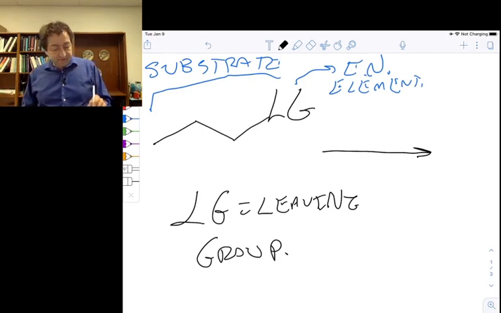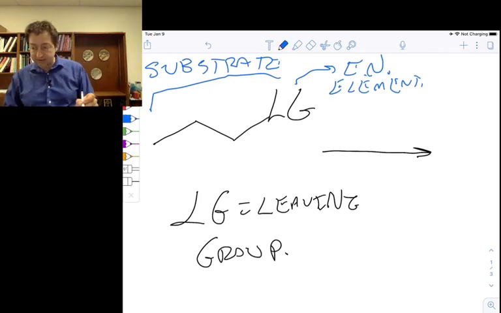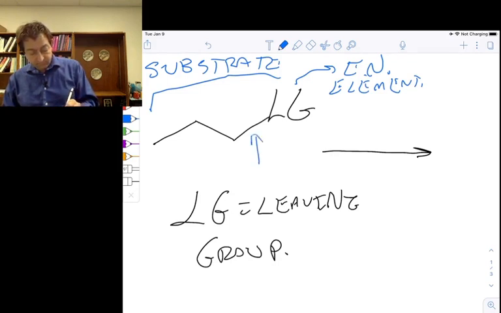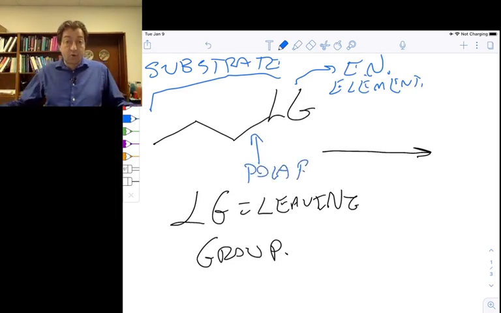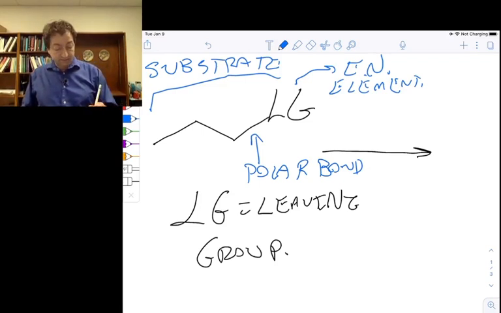In general, with reactions that like to undergo substitution, we have a polar bond to that electronegative element, typically more electronegative than carbon, because we know carbon's not a very electronegative element. That polarizes the bond towards that electronegative element, and that generates what we call an electrophilic carbon.